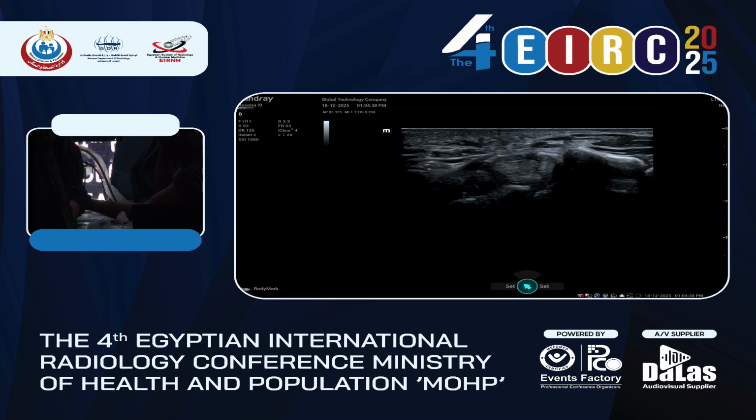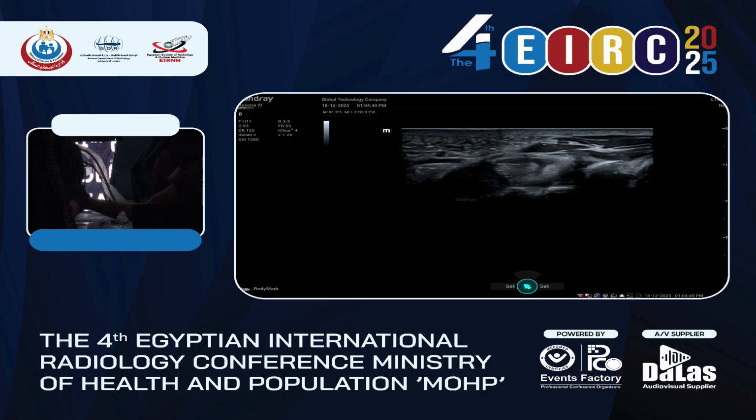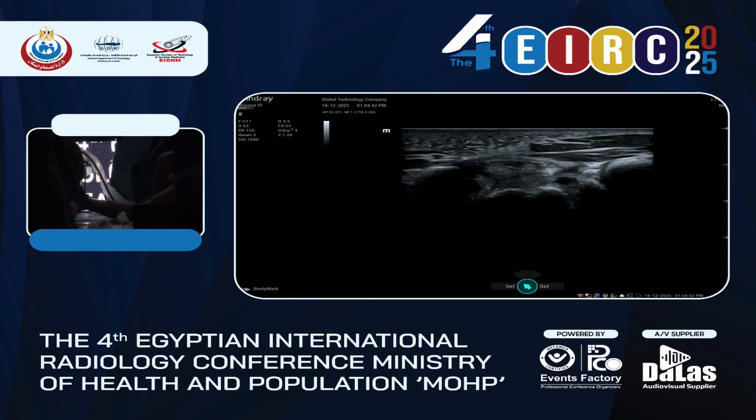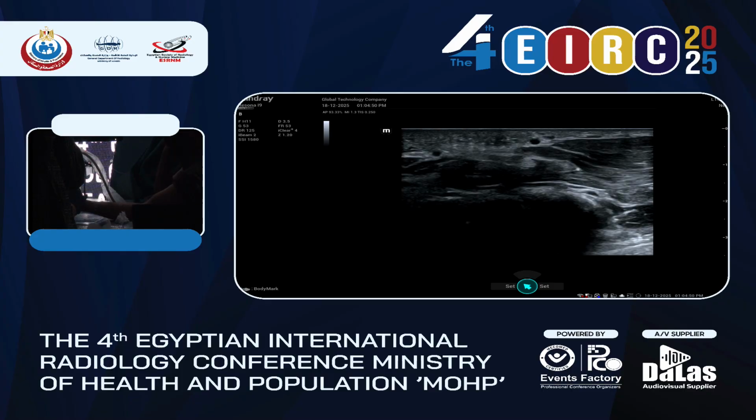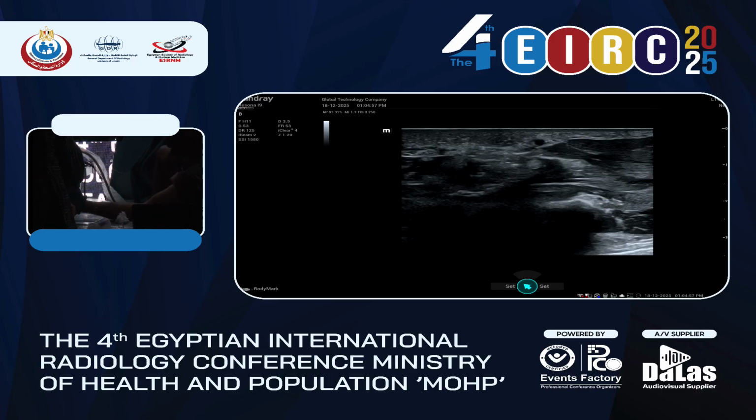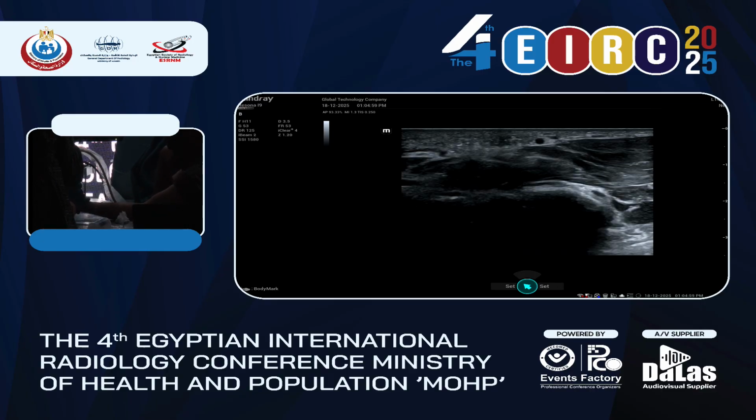So we take the hand of the patient and we move the hand around so that we have 90 degrees at all positions. We move both the probe and the hand at the same time to make the insonation angle 90 degrees at all times. And here we see the nerve again, creating the branches.